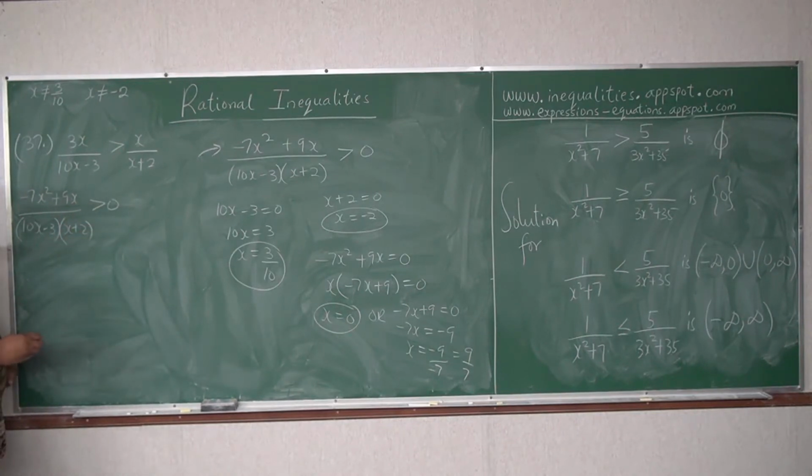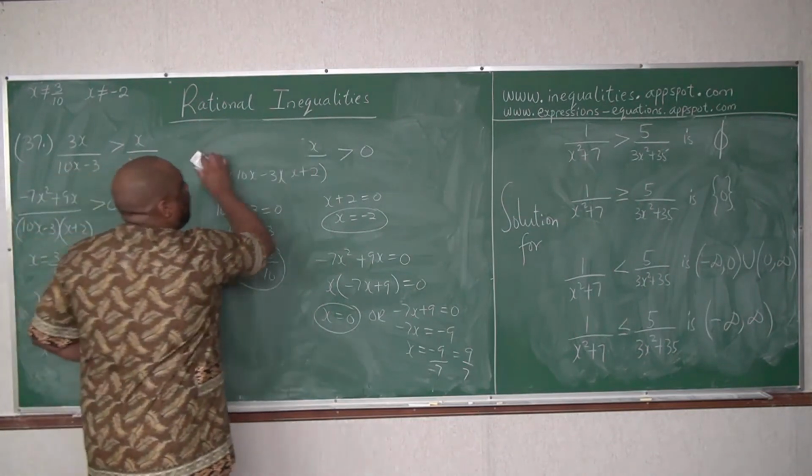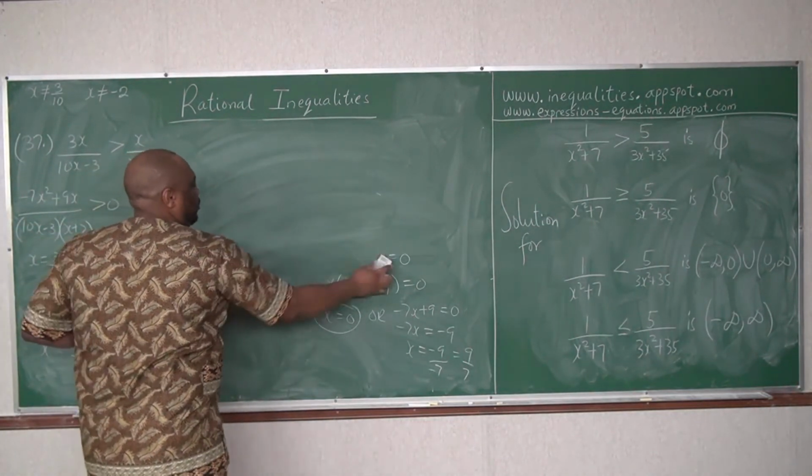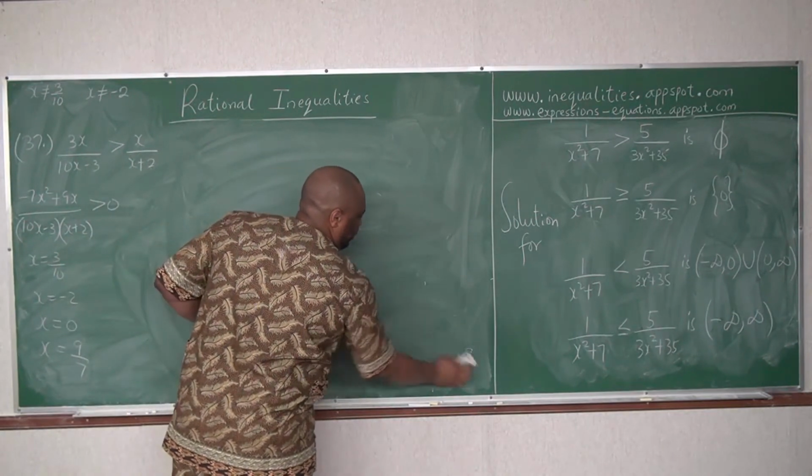And the test points are x equal to 3 over 10, x equal to negative 2, x equal to 0, and x equal to 9 over 7. So we have 4 test points.